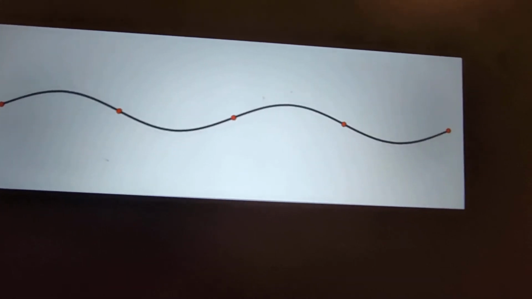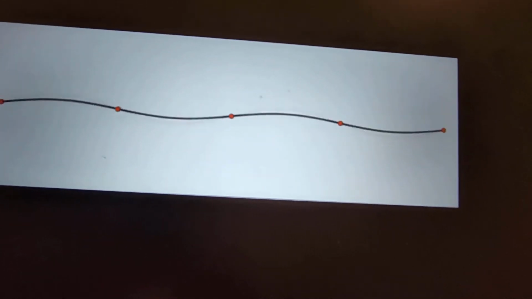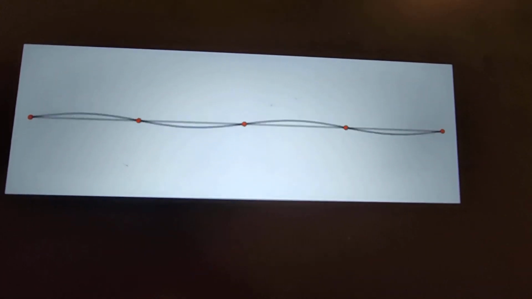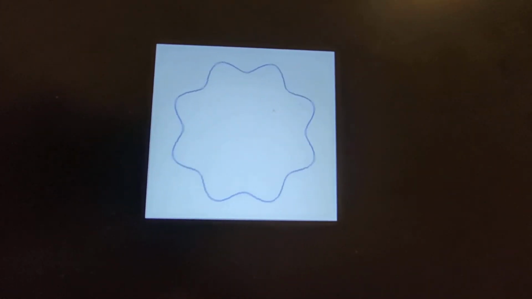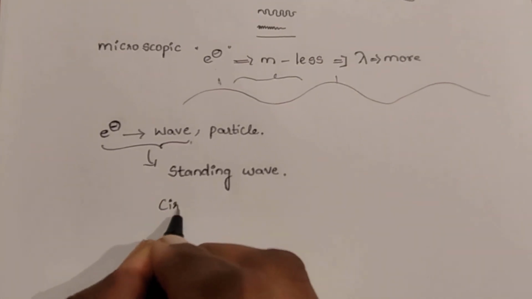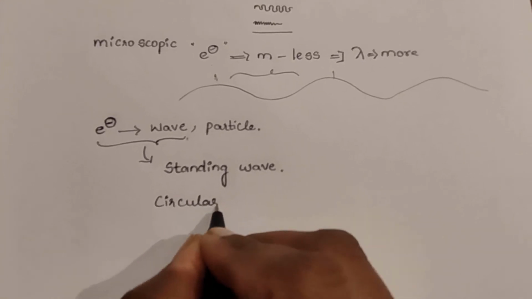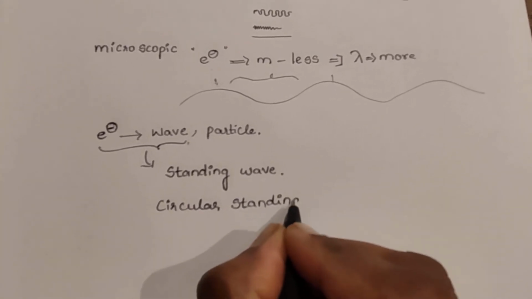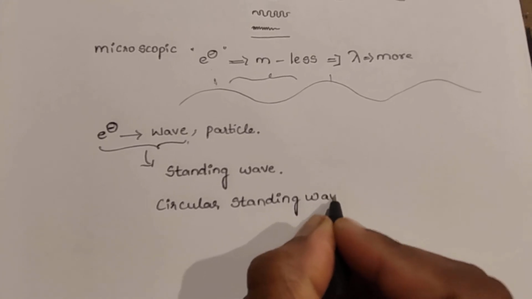In fact, he said that an electron behaves as a circular standing wave, like this. Circular standing wave.